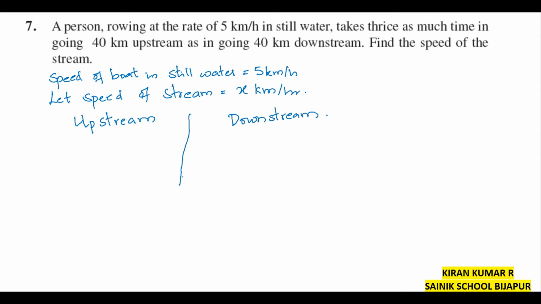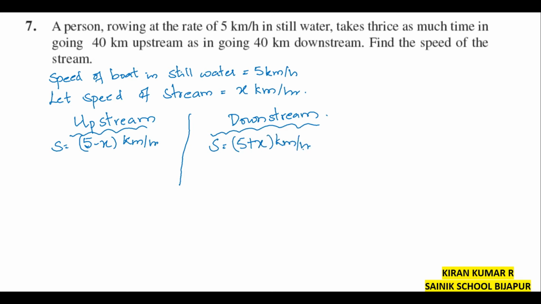If you are riding a bicycle and there is an elevation, the speed decreases, and if you are going downwards, the speed increases. So the speed in the upstream will be 5 minus x km per hour, whereas the speed downstream will be 5 plus x km per hour.